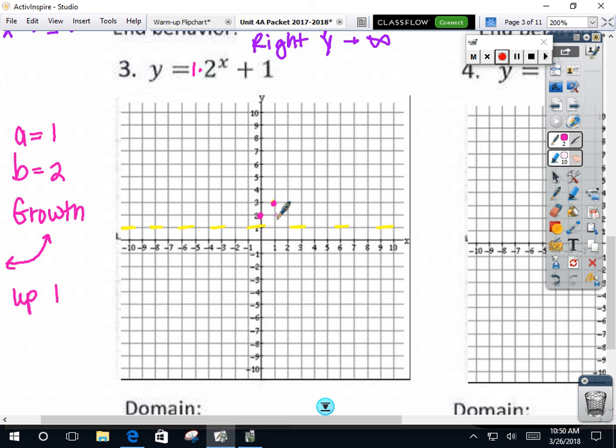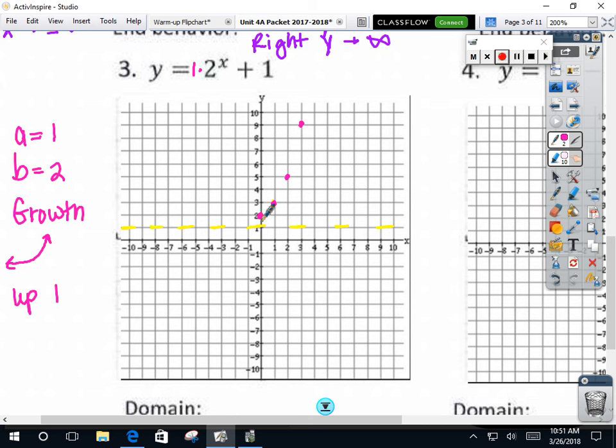And then 2, 5 would be right 2 up 5. And then 3, 9 would be right 3 up 9. And think about it like this. The reason right 3 is up 9 is because 3 is an x value. If I put it right here, 2 to the third power is 8, and 8 plus 1 is 9, which is why it's up 9.